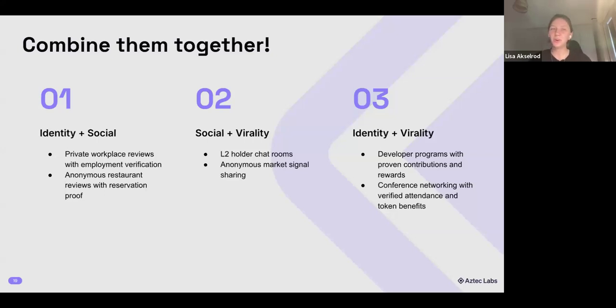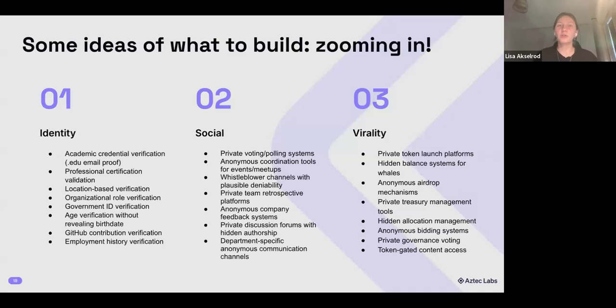If we combine identity and virality, we can have, for example, developer programs with proven contributions and rewards, concurrent networking with verified attendance and token benefits. And I'm sure you can come up with way more different examples. If you need a framework to rely on to make a decision about what to build, take one of these categories, take one of the libraries you want to play with, take a couple of friends, and in a couple of hours, you will come up with what to build.